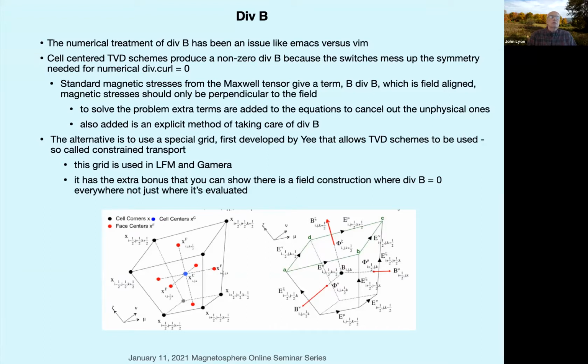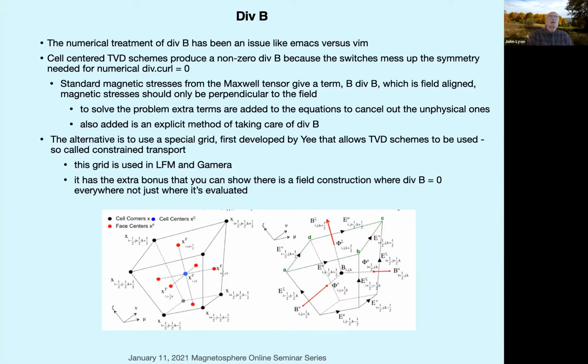When you start using a cell-centered scheme, then you have fluxes, that is numerical transport, going out of different faces, and the nonlinear switches are going to operate on those differently in general, which means that the nice, neat mathematical cancellation of div and curl doesn't work anymore. So you start to get divergence of B showing up.